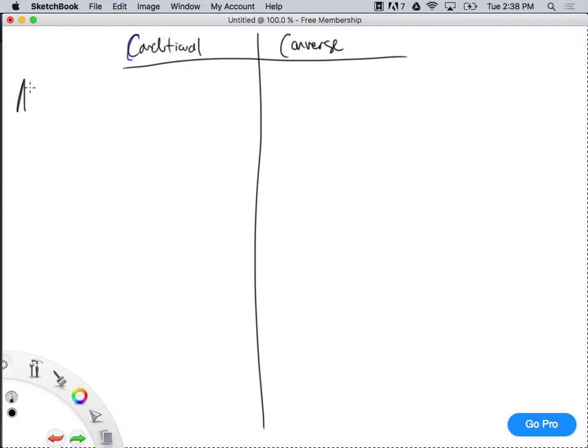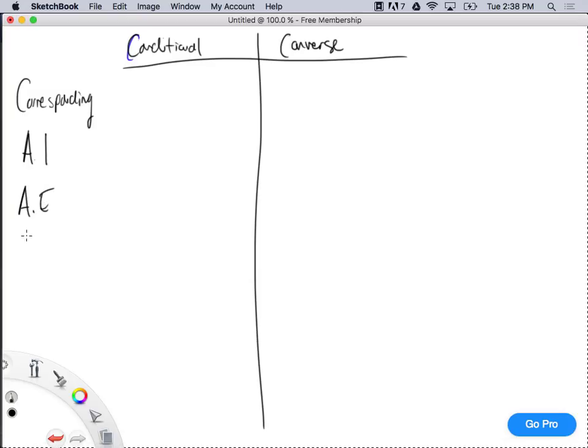Don't worry about this table real quick. There's corresponding, alternate interior, alternate exterior, same side interior, same side exterior, right? All of them have a conditional statement and a converse.